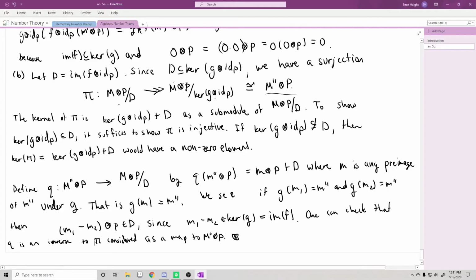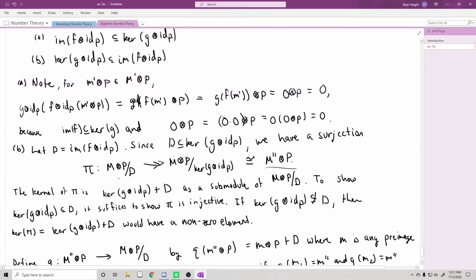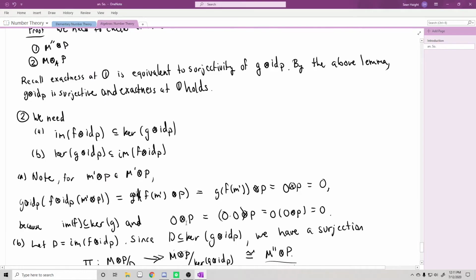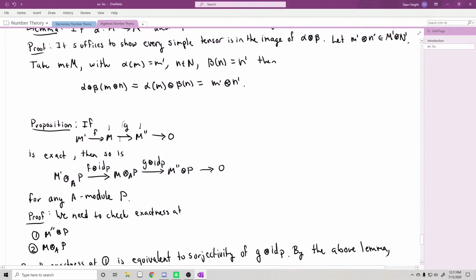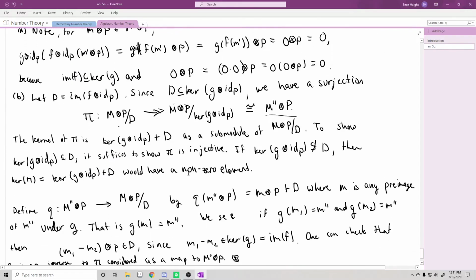To do this, you define an inverse, and using the fact that our initial sequence was exact, you can show that this inverse is necessarily well defined. Okay, so this is how you prove that the tensor product is a right exact functor. What I mean when I say right exact functor is that when you apply the tensor product in this way, it takes right exact sequences to right exact sequences.